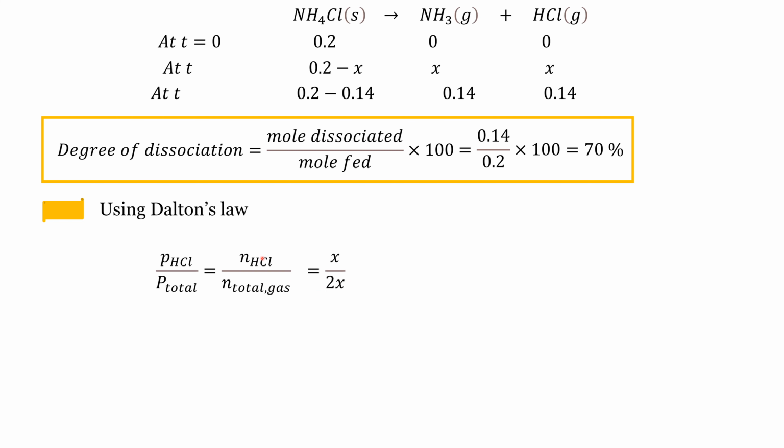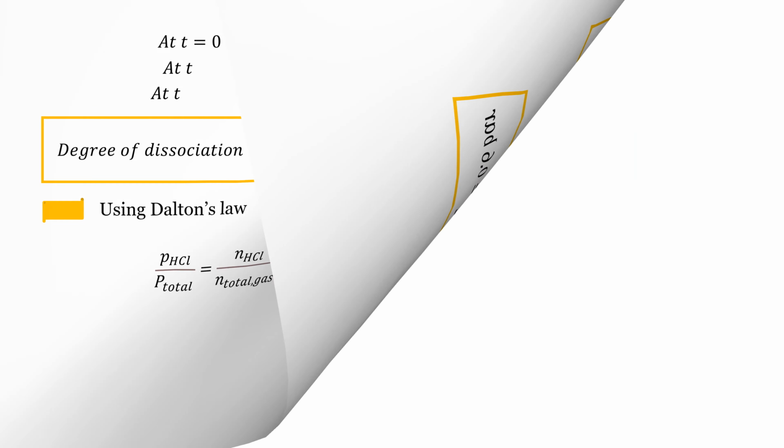So the number of moles of HCl equals X and total moles of gas equals 2X. Again, here we consider only the moles of gaseous compounds. After putting the values, we will get partial pressure of HCl equal to 0.6 bar, because the total pressure at equilibrium is already given.